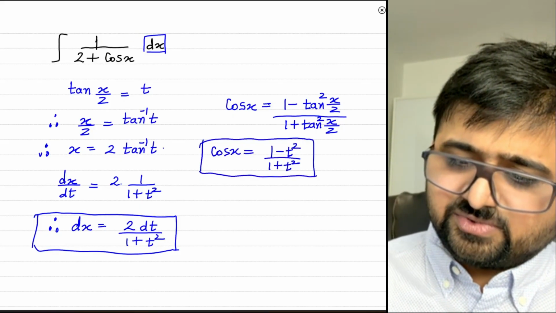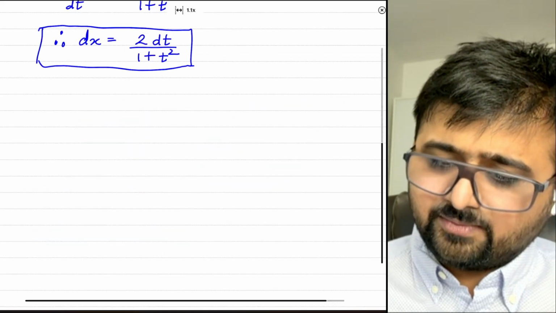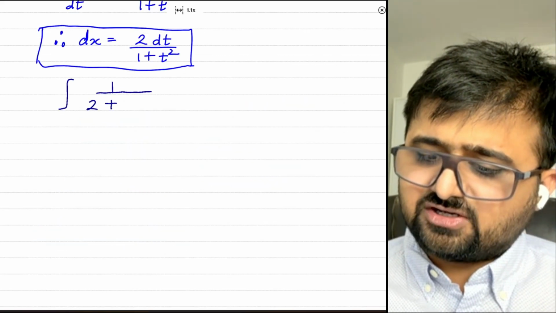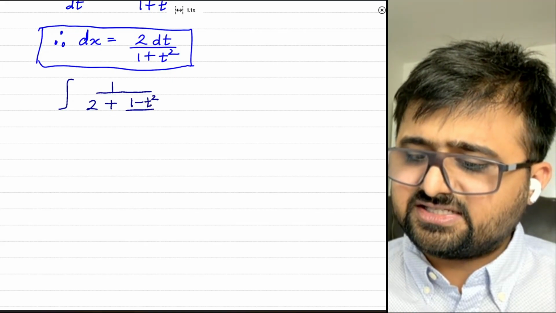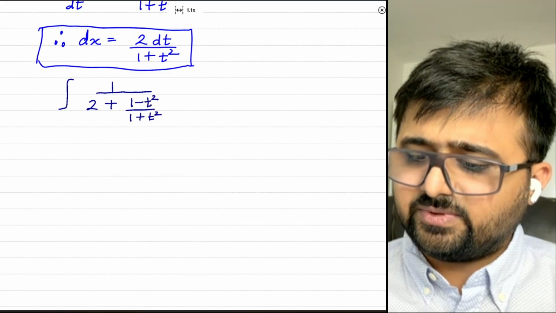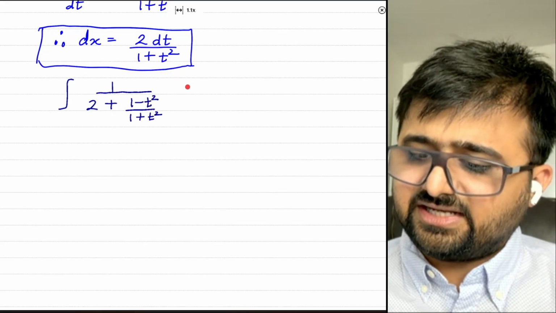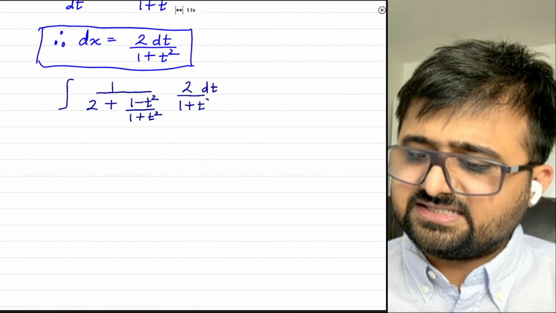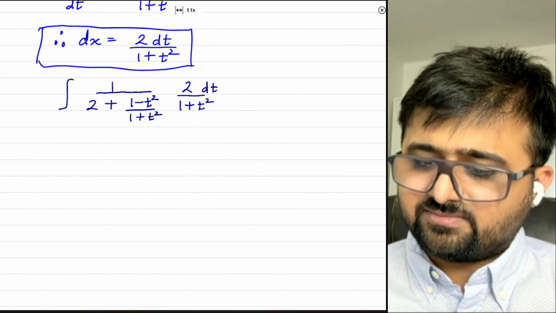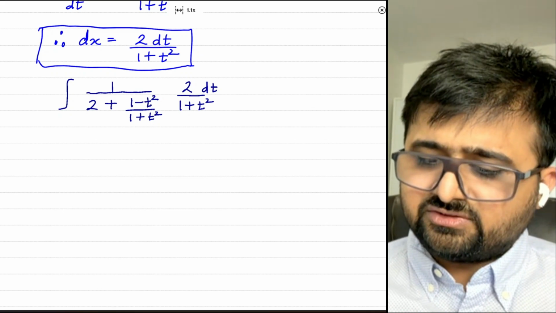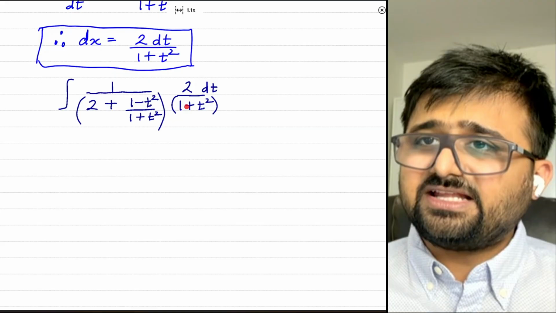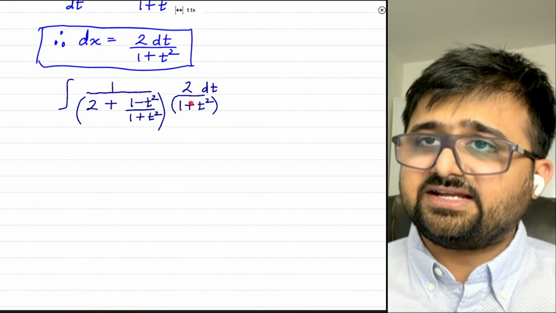So this is going to become the integral of 1 upon 2 plus cos x, which is 1 minus t square upon 1 plus t square, and instead of the dx here, I will write 2 dt upon 1 plus t square. Okay, I hope that makes sense so far. Now there is a bracket over here, and here is also a bracket. So I can multiply this 1 plus t square inside of this bracket.